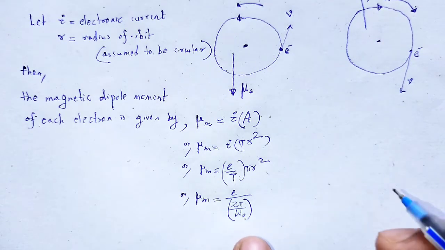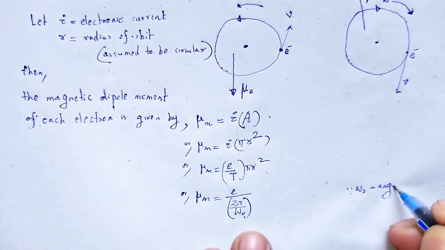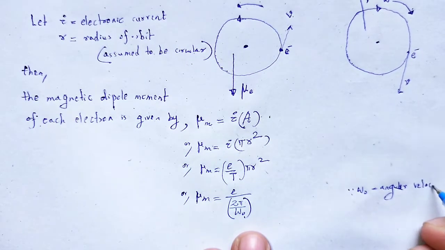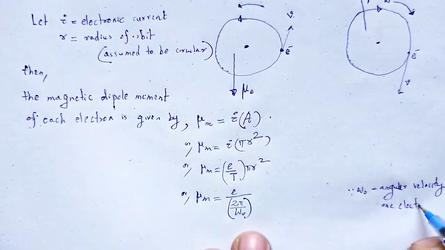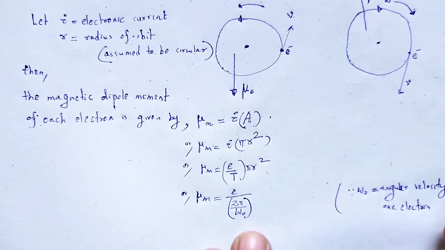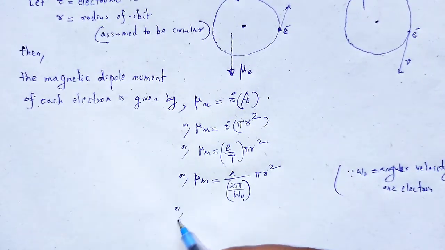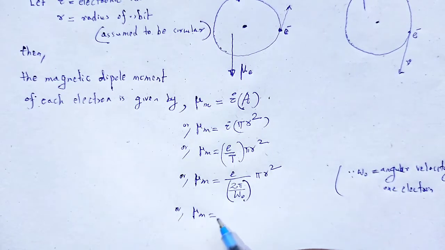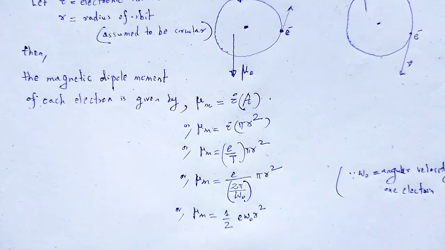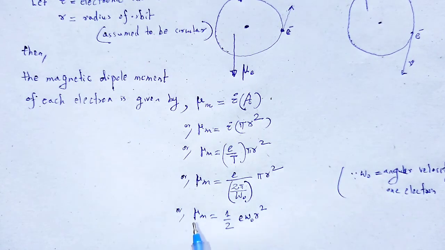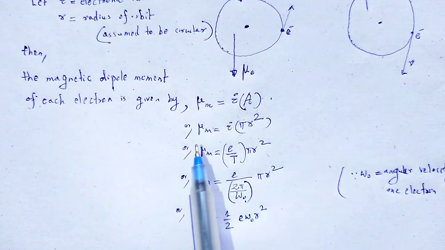Omega naught is the angular velocity of one electron. Therefore mu m is equal to half e omega naught r square. It is the magnetic dipole moment of one electron.